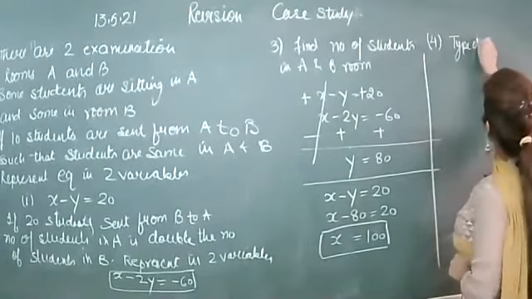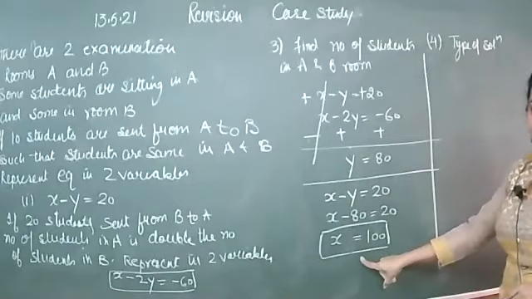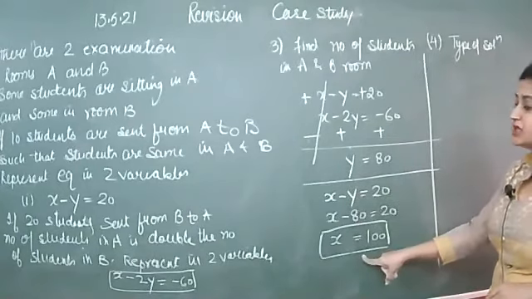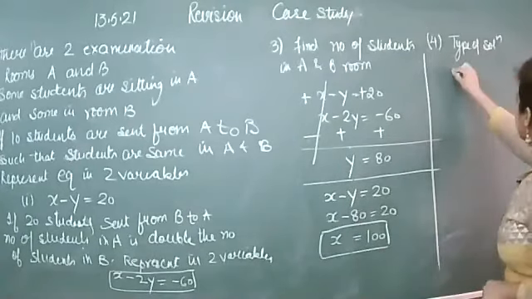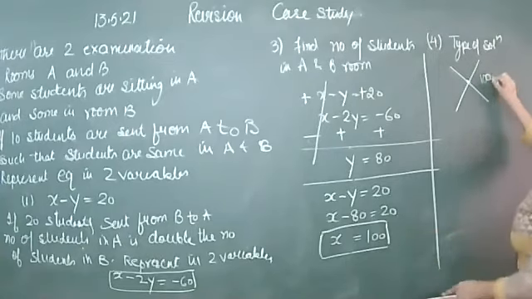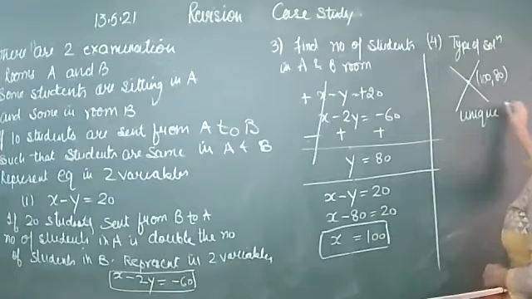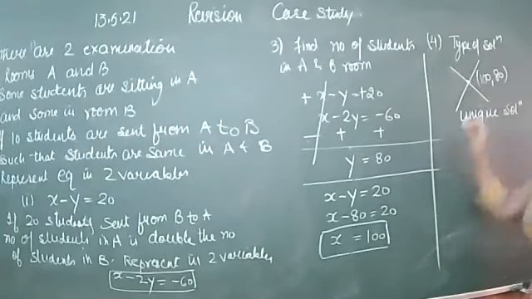Actually, we are getting one solution. So in this you will have intersecting lines and one solution, that is x equal to 100, y equal to 80. So this is your unique solution and the lines are of intersecting type.